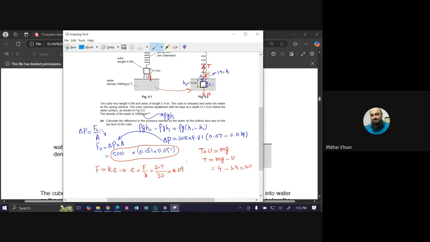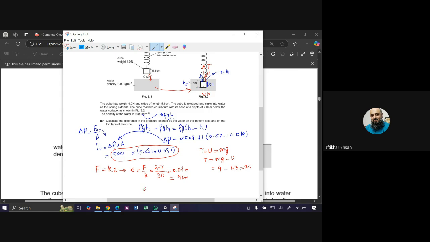So can you tell me the answer of this again? So it is exactly 0.09, right? So this is in meters. In centimeters it will be 9 centimeters. As we have to tell the height above, it means the spring has extended by 9 centimeters and gone 7 centimeters below the water. It means initially how much high it was.